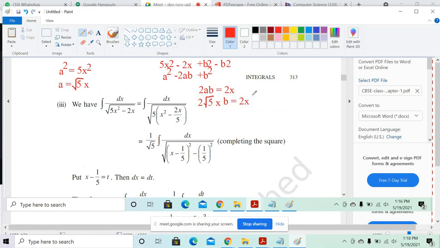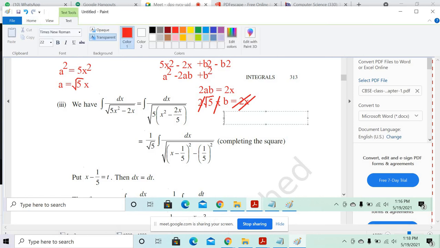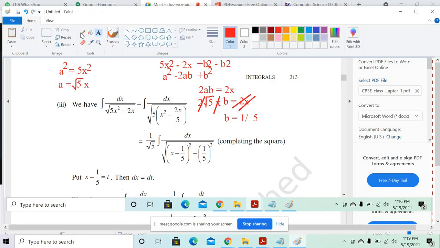So x cancelled. X here cancelled, 2 here cancelled. So b is equal to 1 by root 5. Okay.